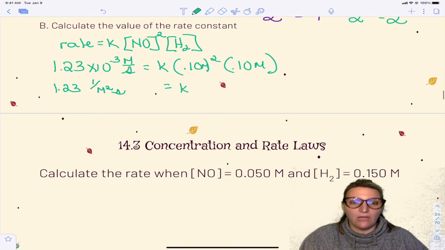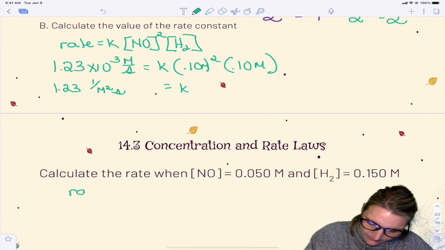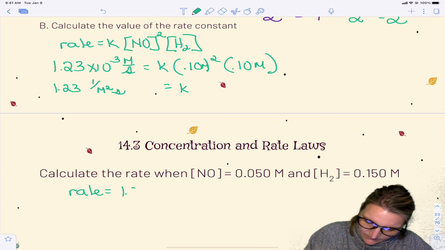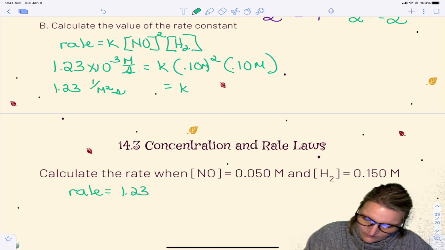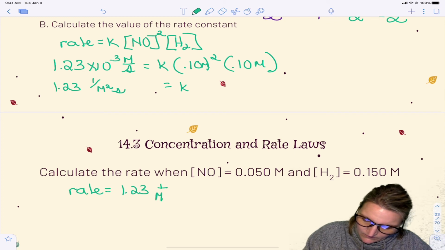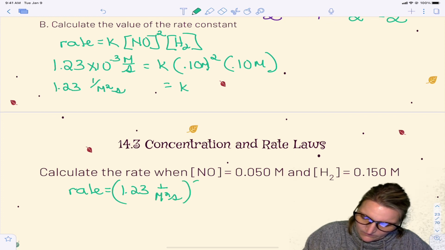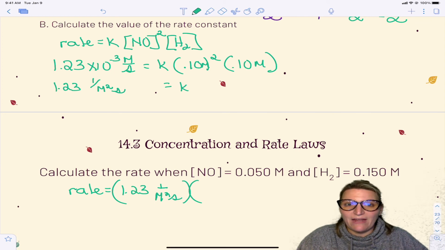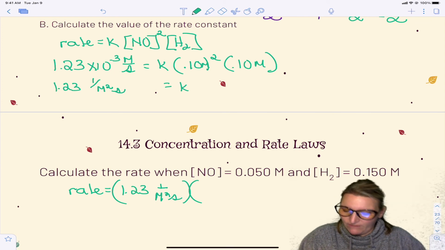And now plug everything back in. Rate equals K times the concentration of NO squared times the concentration of H2.